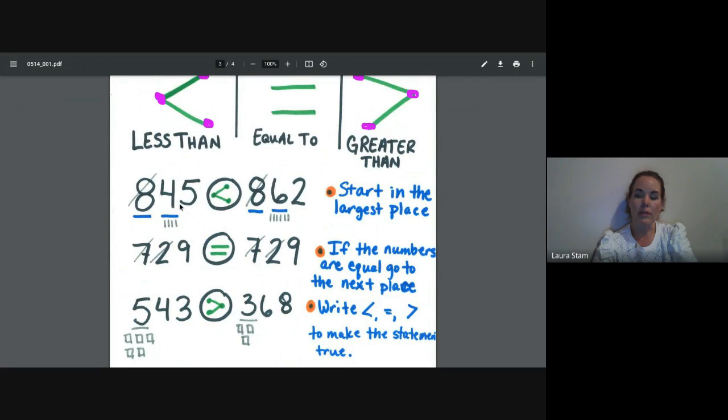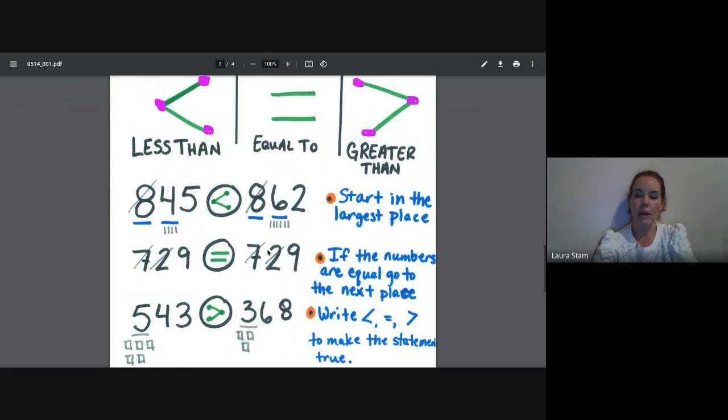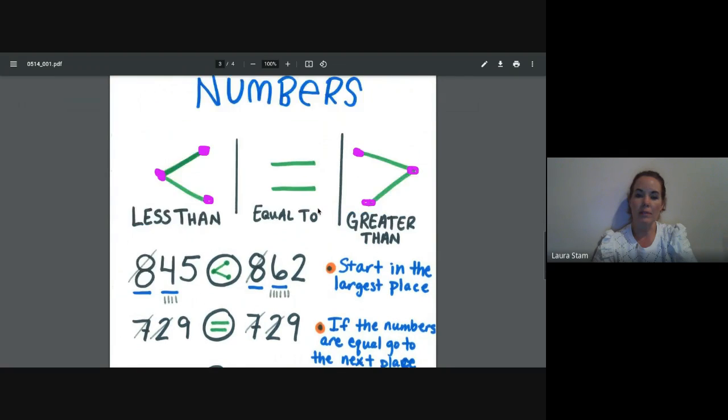All right, and then we have some examples here. This 845 is less than 862. This 729 is equal to 729. And 543 is greater than 368. And so to figure this out, we're going to go into our packet and we'll talk about how to compare numbers, okay?